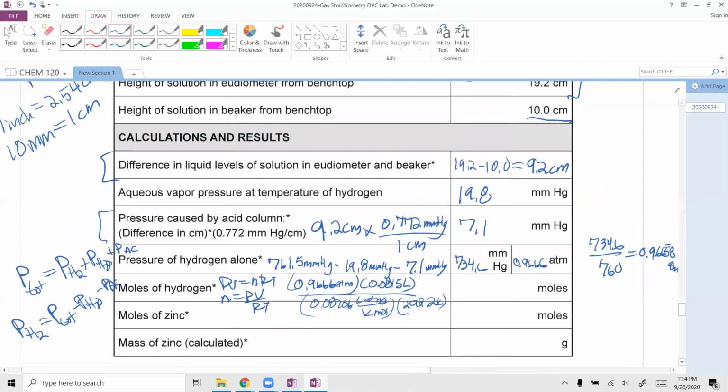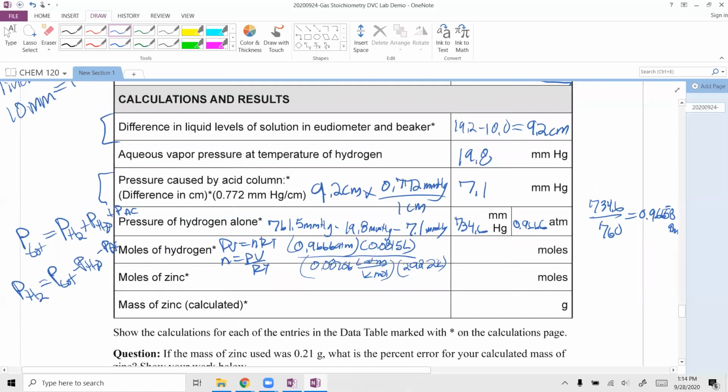Just double checking. Oh, that wasn't 292.2. That was 295.2. We get a total of 0.0032520 moles.